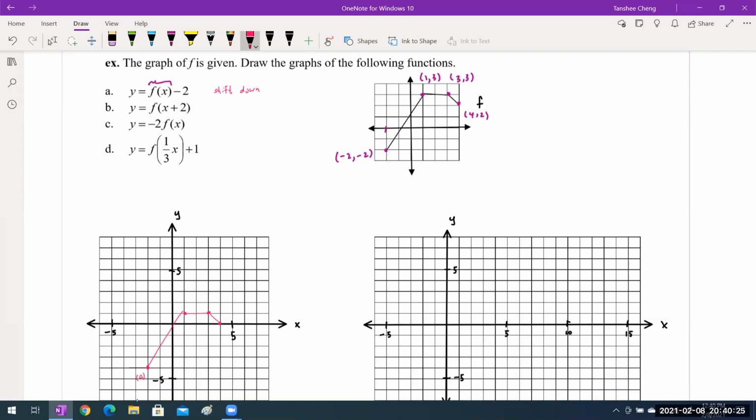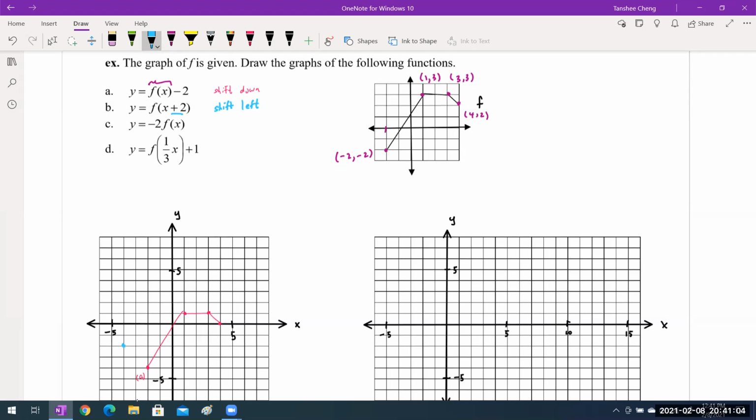And the next part is your f of x plus 2. So you're adding 2 to the input value, and that will go in the opposite direction. So it's going to shift left 2 units. So that means -2, -2 shifted to the left 2 units will be -4, -2. Here's the point.